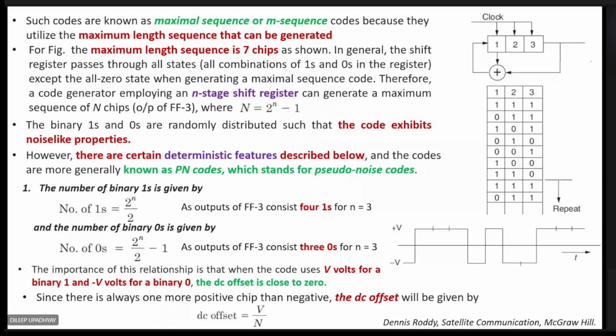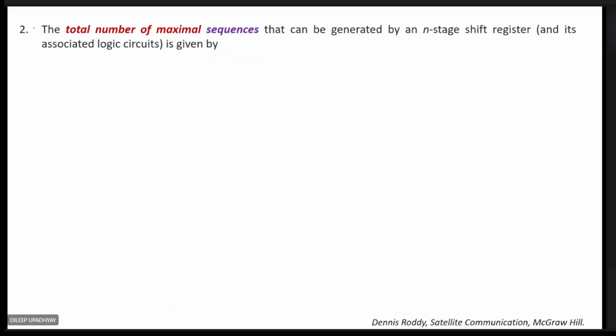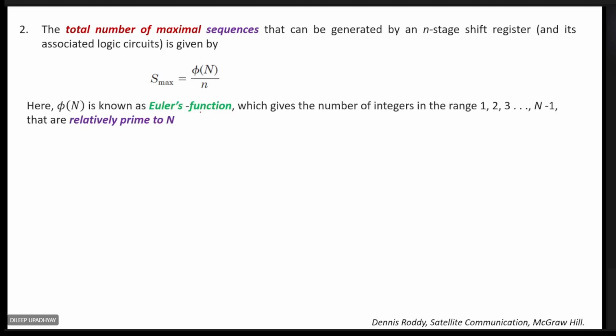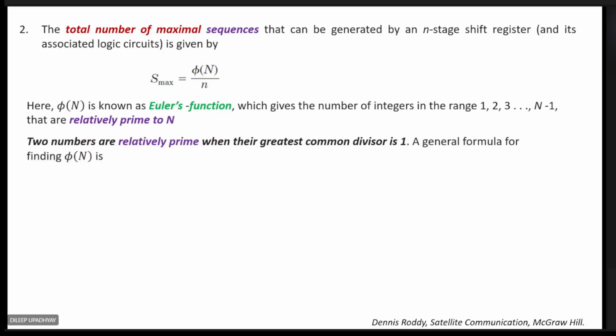The third property is that the number of maximal sequences possible with the given circuit is given by phi(N) by n, where phi(N) is the Euler function, which counts the integers in the range 1 up to N minus 1 that are relatively prime to N. How can we calculate phi(N)?